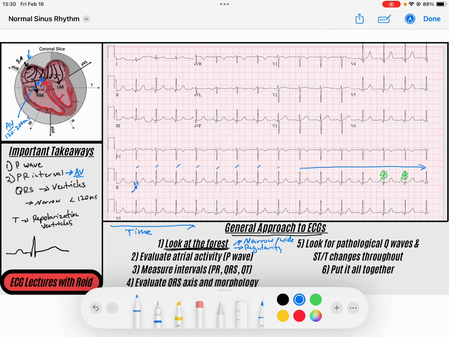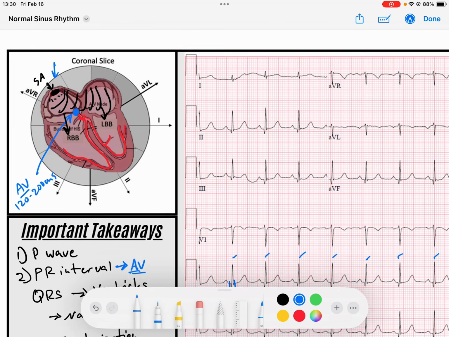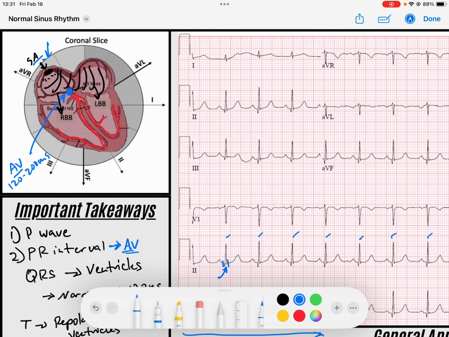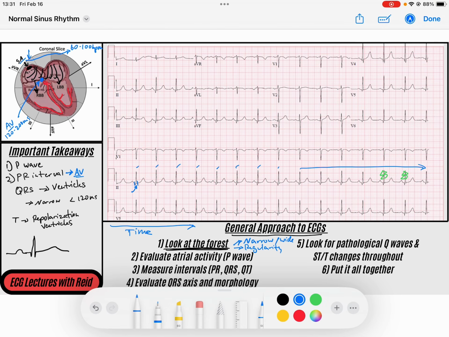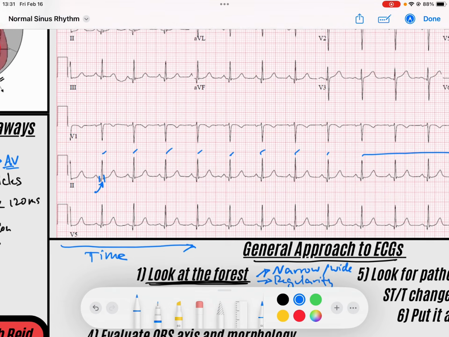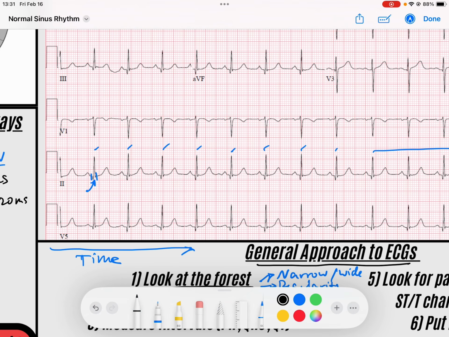And then I look at the rate, because I know that the sinus node, in a normal sinus rhythm, will conduct at a rate of 60 to 100 beats per minute if there's nothing going wrong. And so I check my rate out and I like to find maybe a QRS that lands on a solid line, and I'll count 300, 150, 100 would be that solid line, 75 would be this.